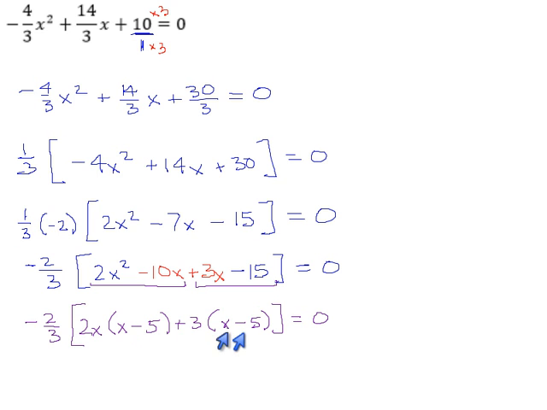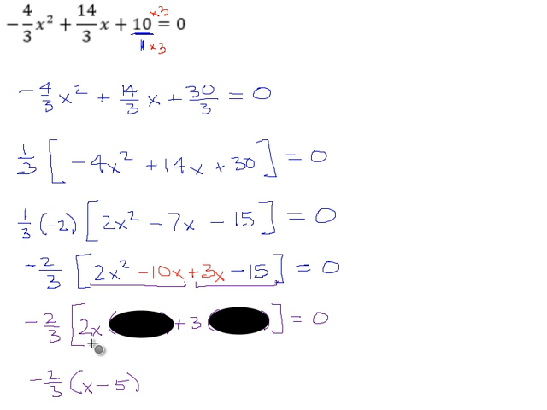If you've done decomposition successfully, this will always happen. If this doesn't happen, go back and check your work. This means I can take out x minus 5. What we're left with here is we have our minus 2/3 just sitting there. I'm taking out x minus 5, and with the x minus 5s removed, what are we left with? 2x plus 3. That's our other factor. 2x plus 3, and all that equals 0. So that's our factored form, which means we're nearly done.